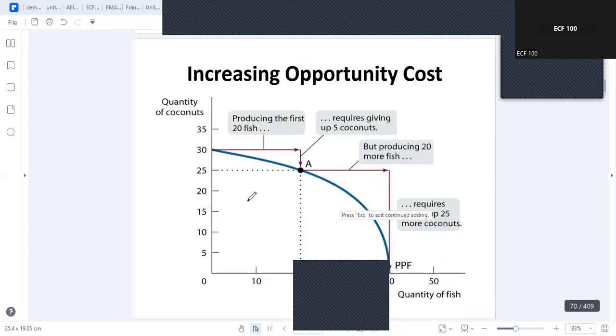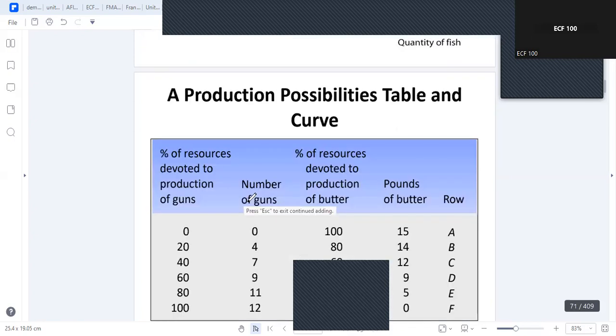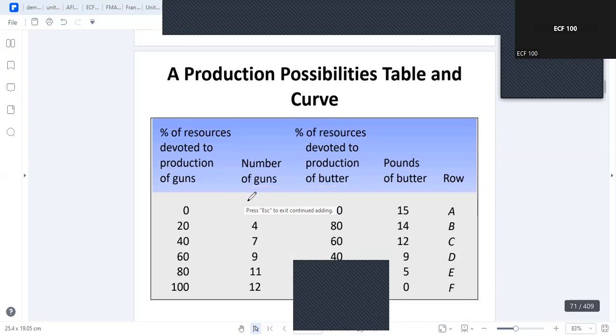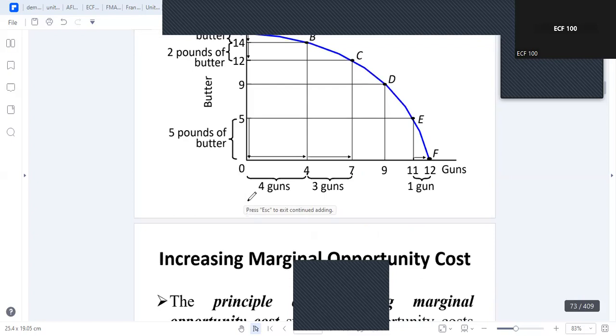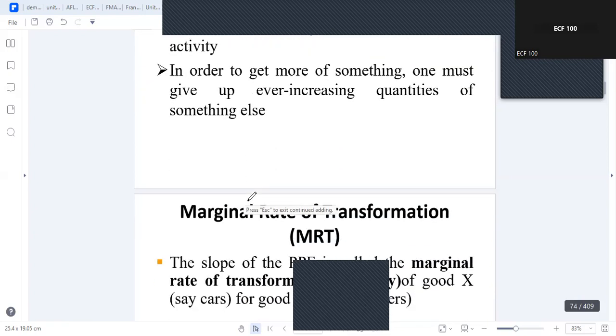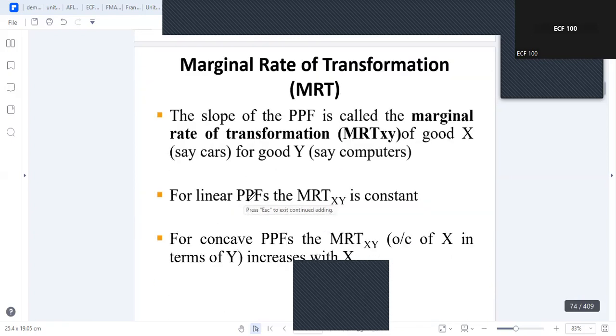So we need to understand how to compute opportunity cost for each of these. Basically, this is a concept that I want you to understand on marginal rate of technical substitution.